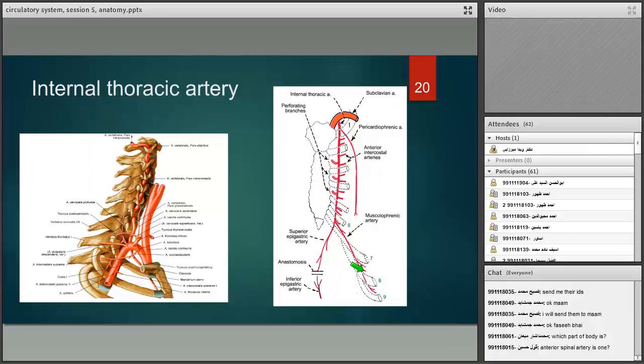So, the anterior intercostal arteries in the 6th, 7th, and 8th intercostal spaces are deriving from the musculophrenic artery. But in the first spaces are deriving from the internal thoracic artery. I'm explaining slide number 20.